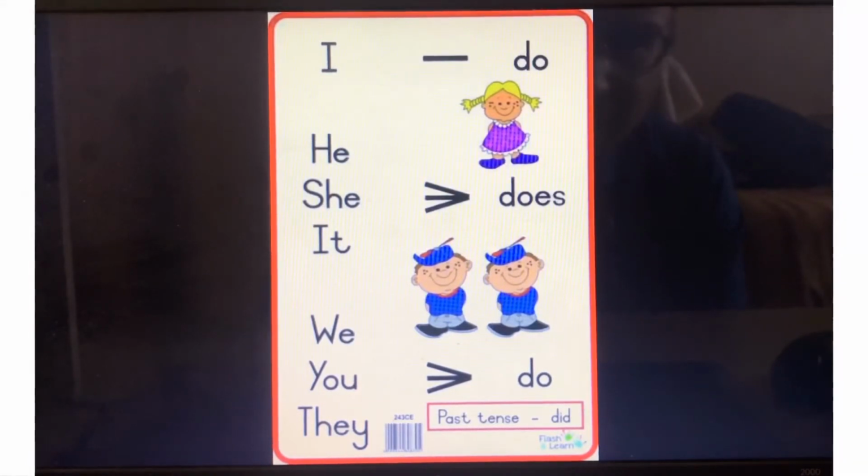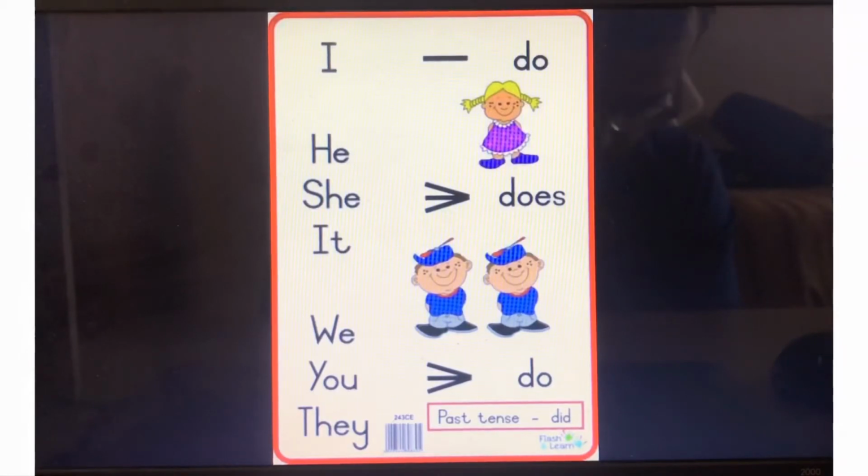Very good job, guys. So, remember, the key to learning which one belongs to which is he, she, and it belong to does. All of the others belong to do. And remember, guys, the difference is between singular and plural. Okay?